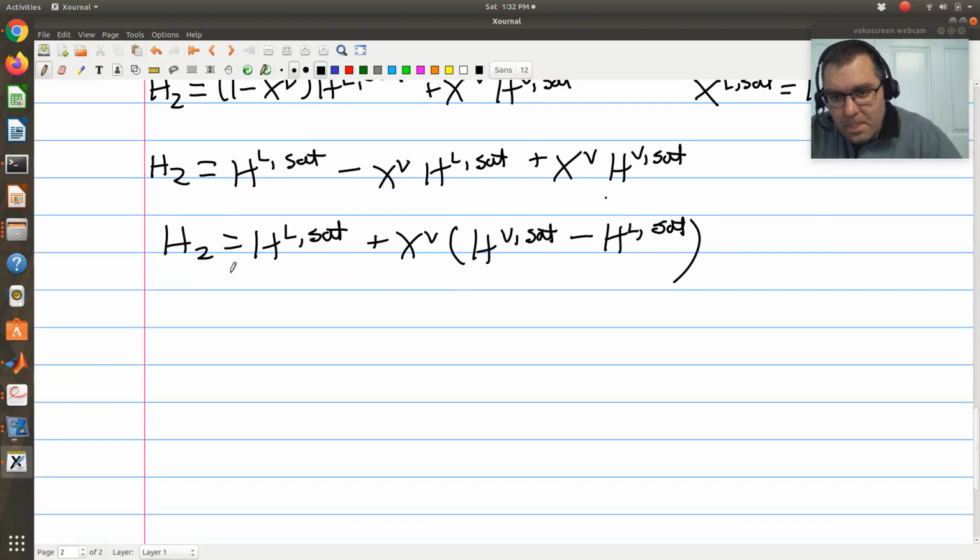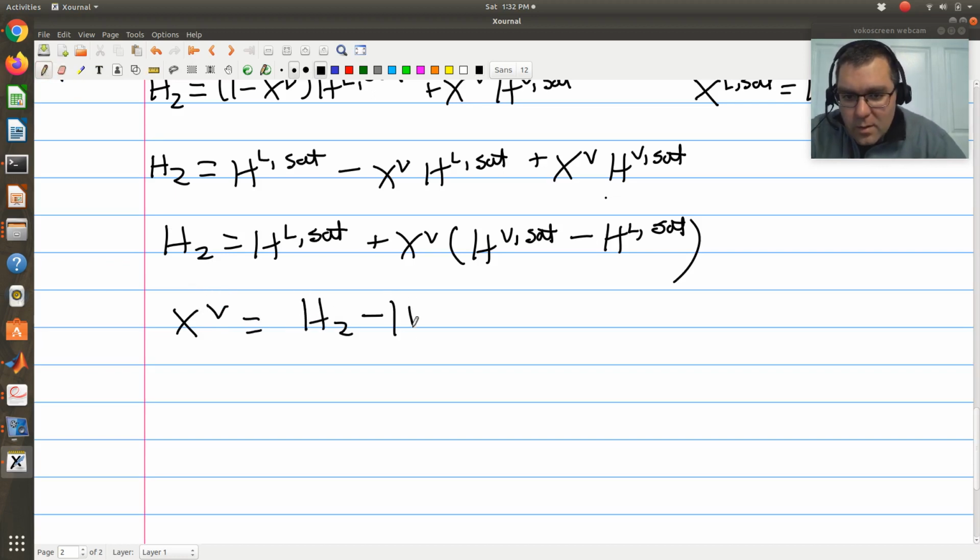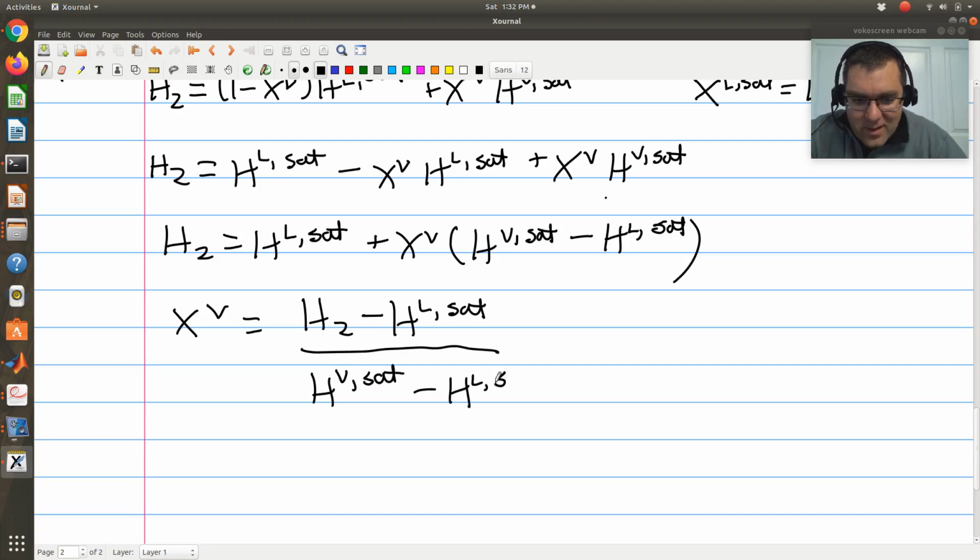So that finally, let's solve for XV. XV is equal to H2 minus HL sat divided by HV sat minus HL sat. All right, and then finally, once I have XV, I know XL is just 1 minus XV.